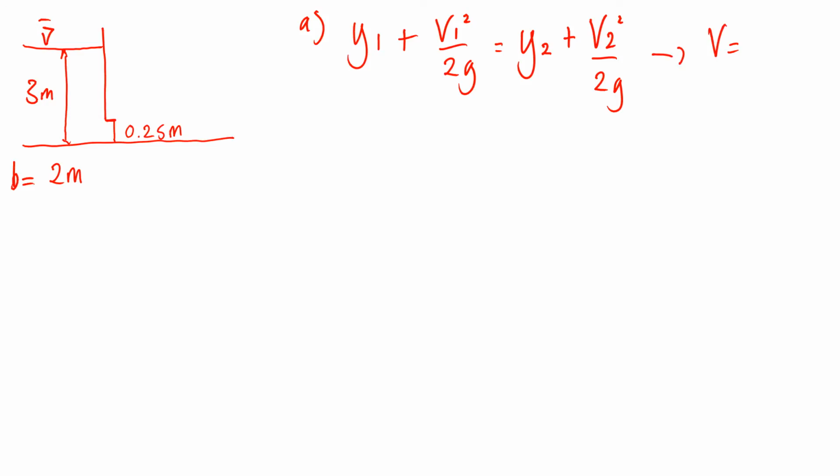Now because we know v equals q over a, we can sub this relationship back into v here, into there and into there.